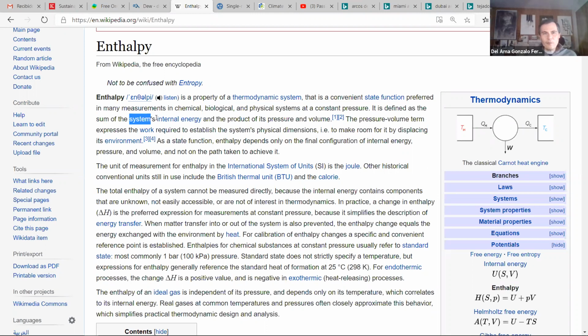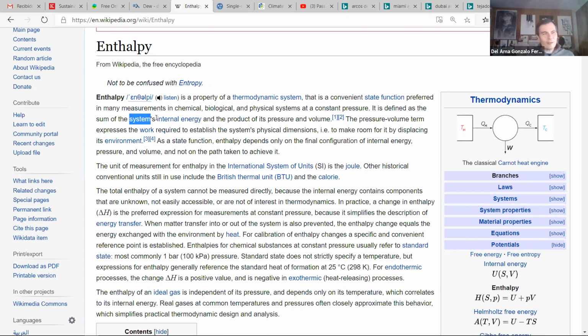We can understand that it has to do with temperature: the higher the temperature, the more the enthalpy of the air. But it has to do with the moisture content as well. This is more difficult to understand, but I think it's very straightforward. If the air temperature is very high, the enthalpy is high. If the air temperature is low, then the enthalpy is low. And this is the amount of energy that we have.